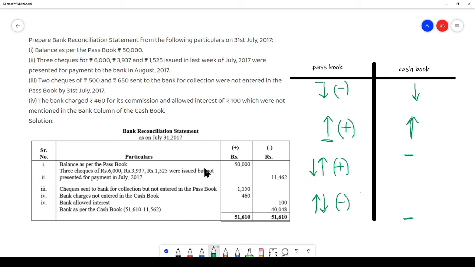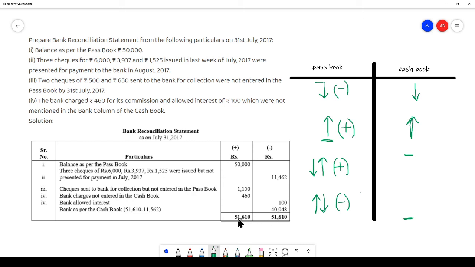Now if I total both these sides, we already know that a BRS is prepared to reach a reconciled balance of the passbook with the cash book. So now both the columns should be equal. I have totaled up my positive column, and it comes to an amount of 51610.